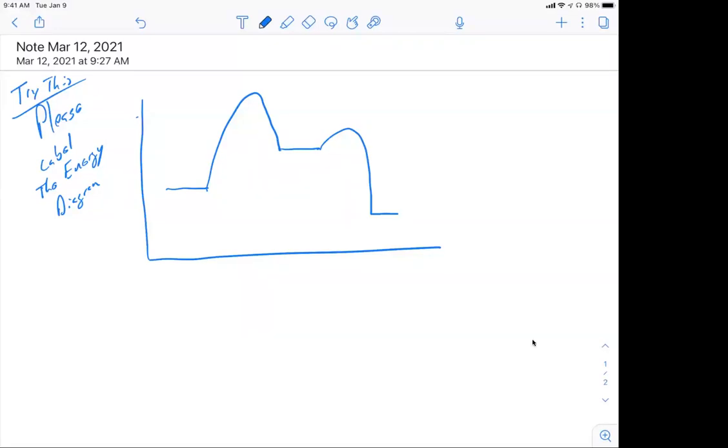Okay, it looks like it's about 9:30. So let's take a minute and look at this energy diagram. Please label all the information you think you can on this one.